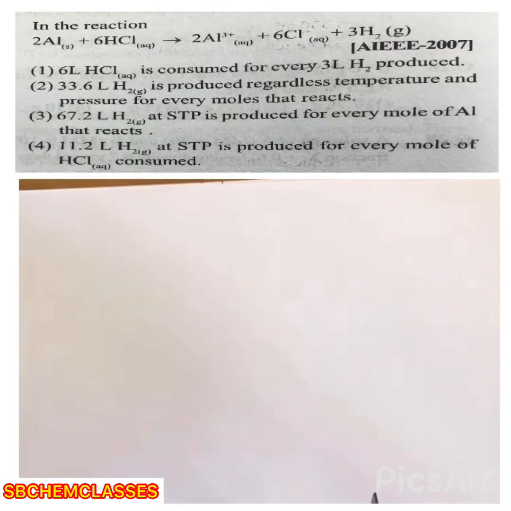In the reaction, 2 aluminium solid plus 6 HCl aqueous become 2 Al3+ aqueous plus 6 Cl minus aqueous plus 3 H2 gas, and there are 4 options. We have to determine the correct statement.